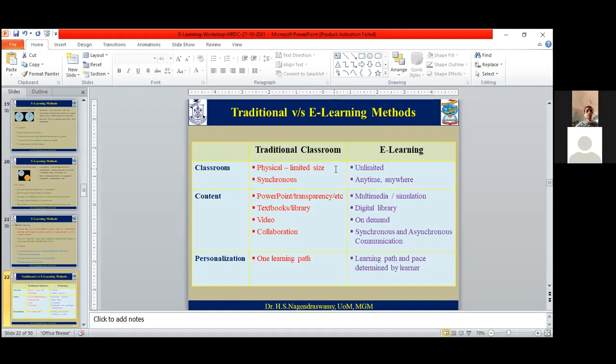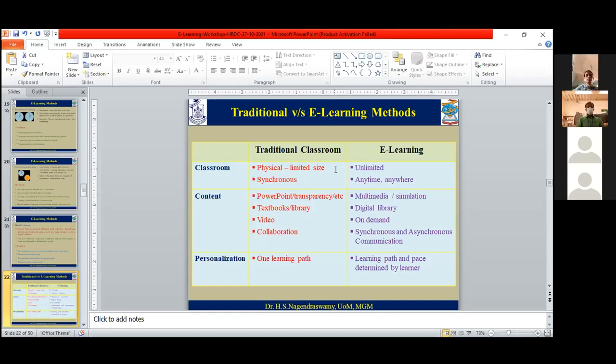Again, in a traditional classroom, we can show a video, but the same thing could also be done in e-learning, on demand. In a physical classroom, we can think of collaboration, and in an e-learning environment, we have collaboration as well. Synchronous and asynchronous communication is also possible. So this is how we can compare and contrast traditional and e-learning methods.